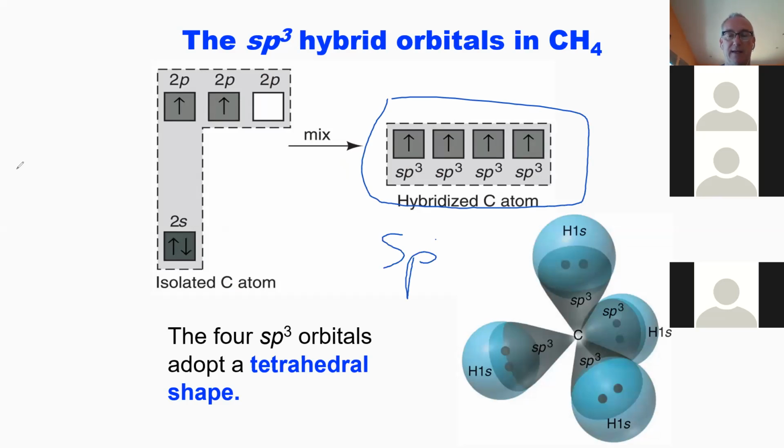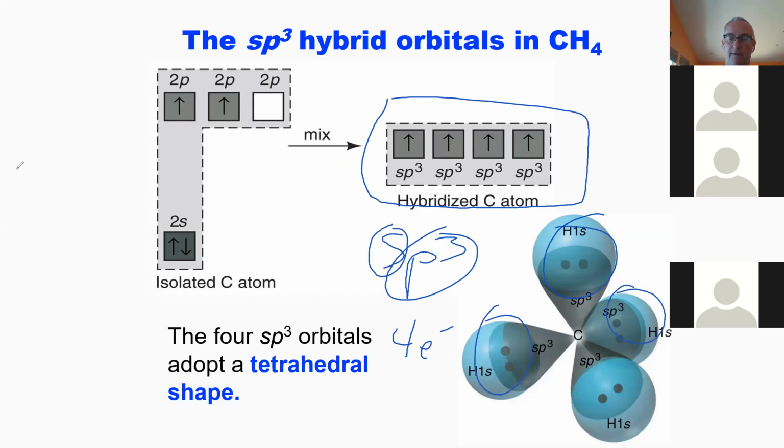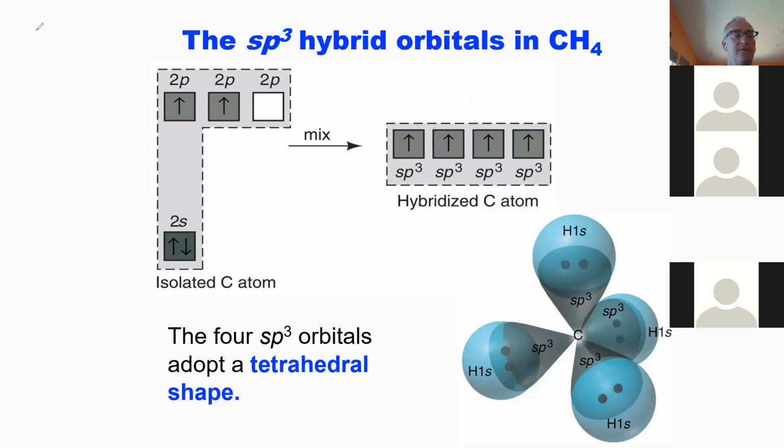So sp3 also tells us how many electrons are involved. We just add these numbers together. 1 s, 3 p's, that's 4. 4 electrons, 4 bonds. 1, 2, 3, 4. And it gives us the tetrahedral shape as well. But what if we need 5?